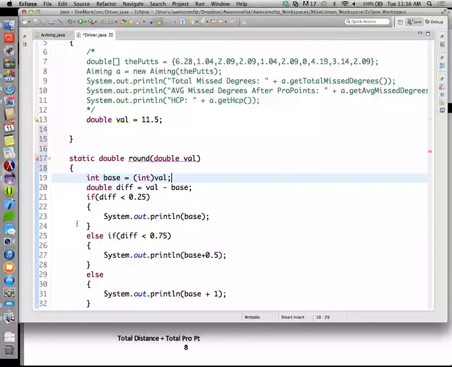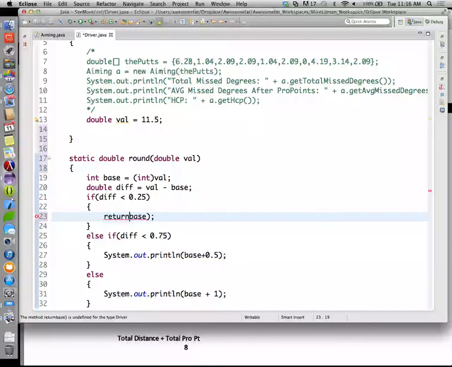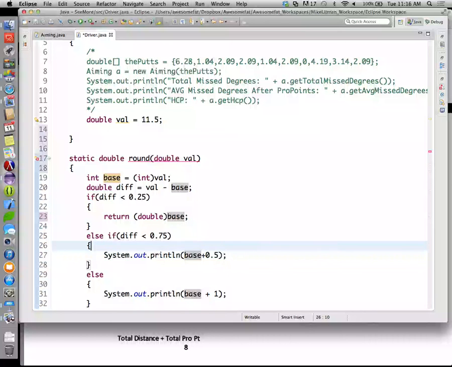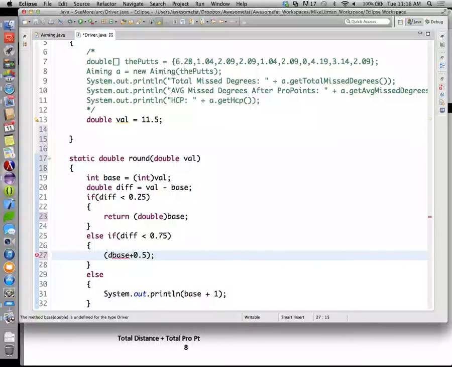We'll have our difference. You gotta make base a double, because otherwise it'll try to return the... No, I can just... And actually, we don't need that many parentheses. I'm just being explicit.